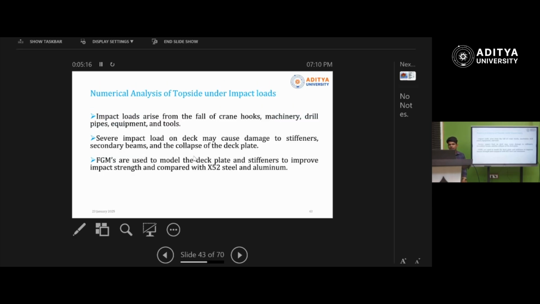So then that offshore topside structure is analyzed under the action of impact load also. Generally, these offshore structures are vulnerable to missile attacks because offshore structures are responsible for the production of crude oil. In onshore areas also the crude oil wells are deployed, but the reserve is more deep inside the ocean.